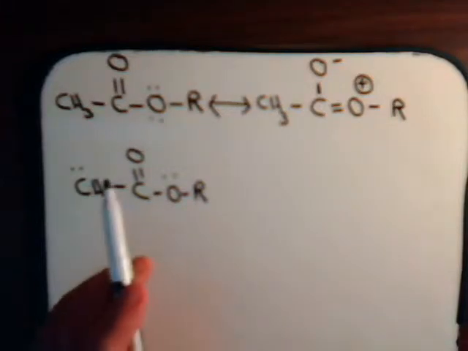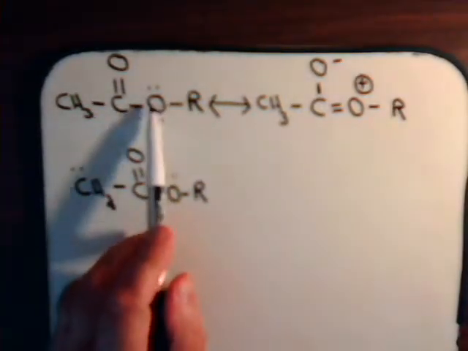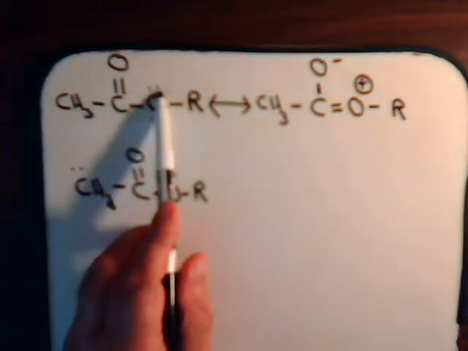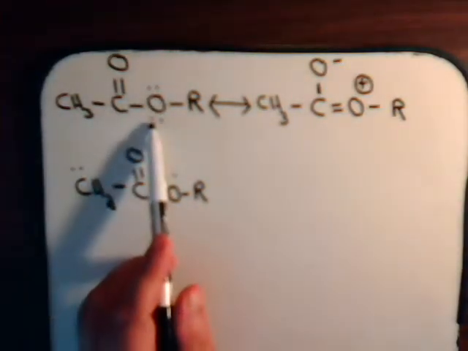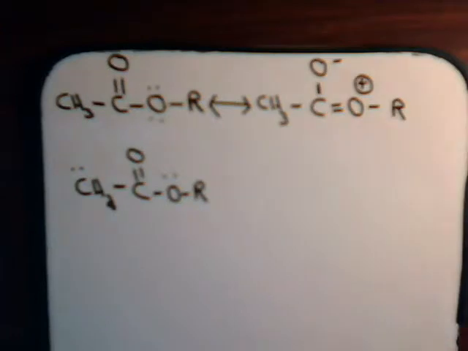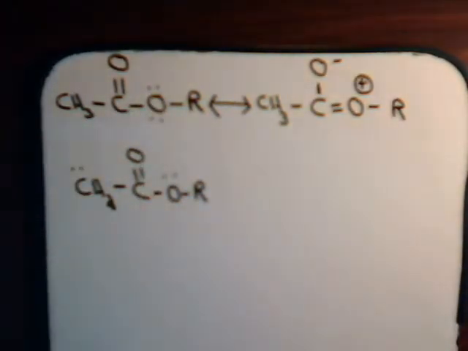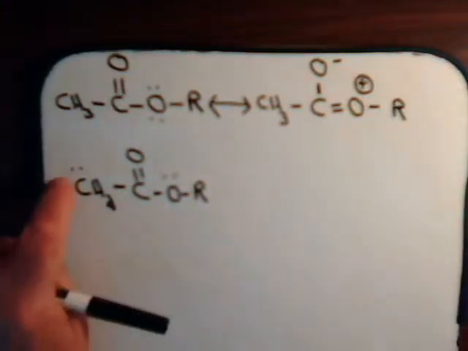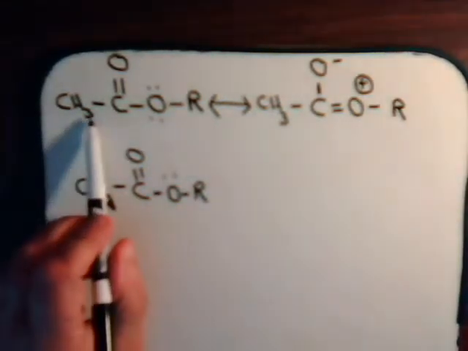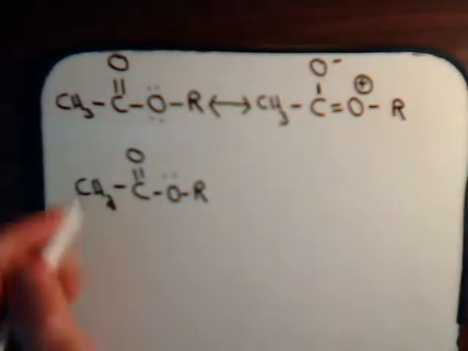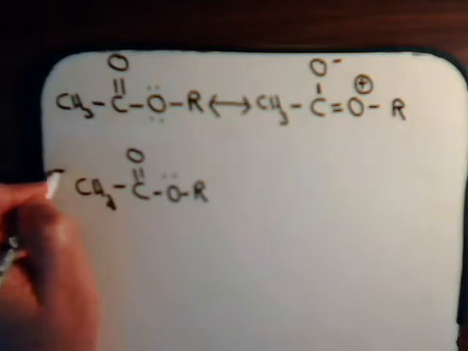Incidentally, as we said before in the previous videos, this oxygen is sp2 hybridized, so it has a lone pair of pi electrons and sp2 electrons as well. It's the pi electrons, of course, that participate in any resonance that takes place. But now, here, the carbon loses a proton, so it keeps the electron from oxygen, giving it a negative charge.